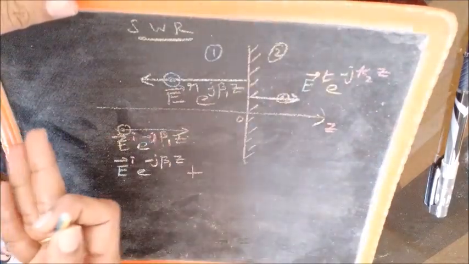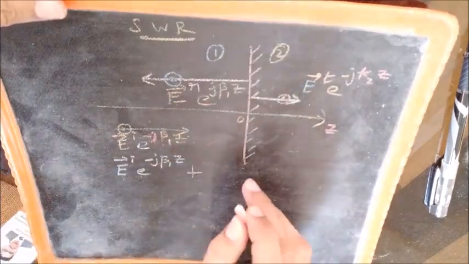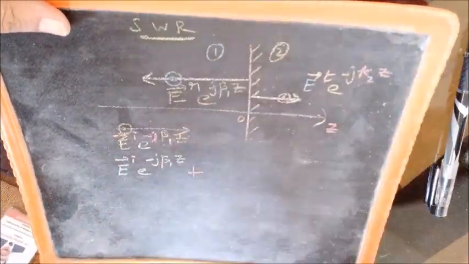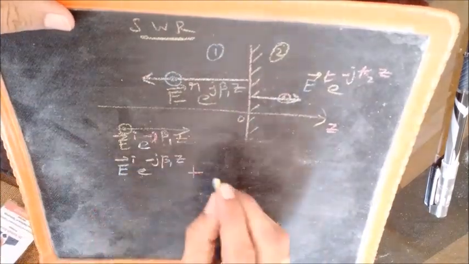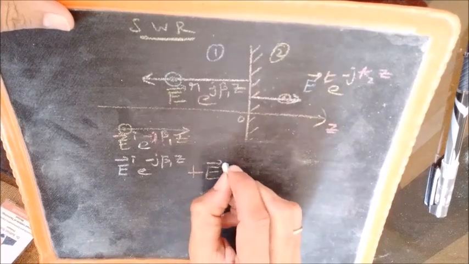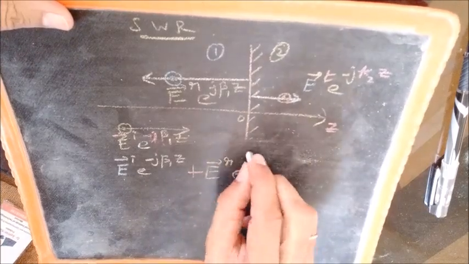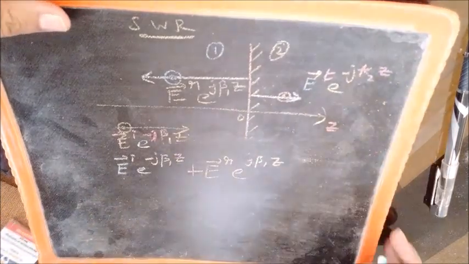So in region 1, we have a forward propagating wave and a wave which is propagating in the reverse direction.